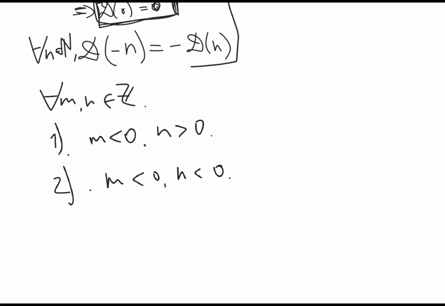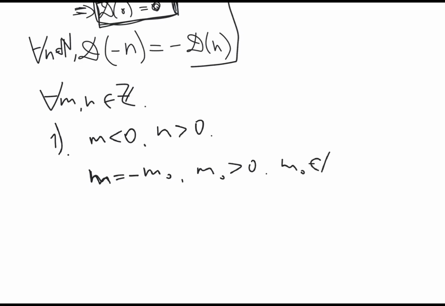So when m is negative, we write that m is equal to, let's say, minus m0, where m0 is positive, meaning it's a natural number.